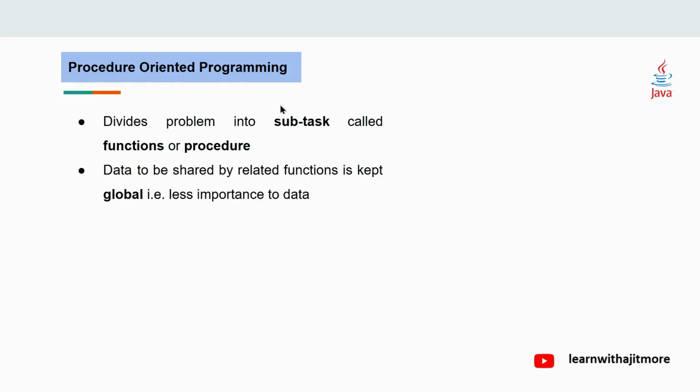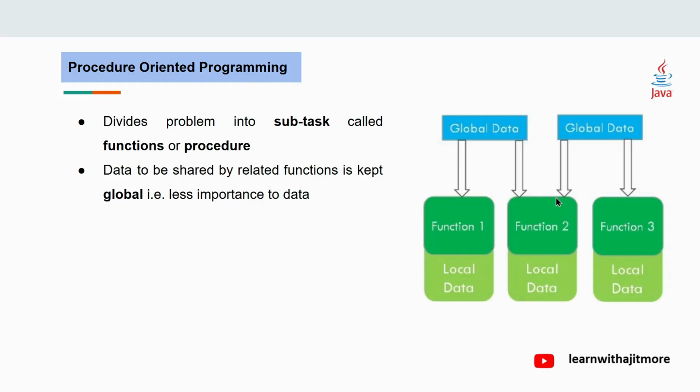The approach is top down. Big problem, you divide into smaller. I can show it in a pictorial way that the problem is divided into smaller problems. For each small problem, we have written a function, or we call it a procedure. You'll say, what is a function? A function is a code block which performs some task whenever called.